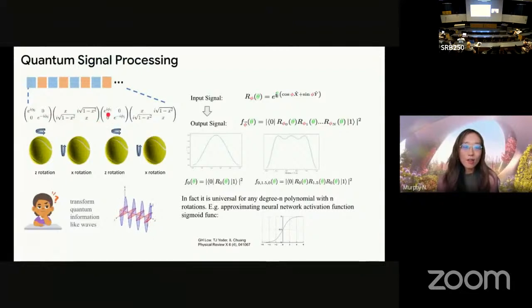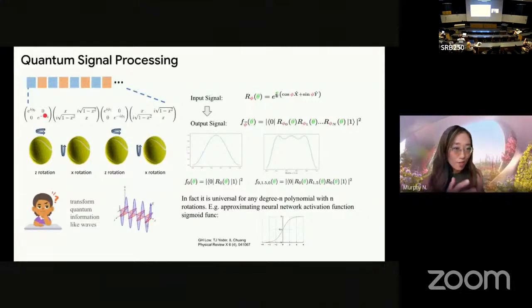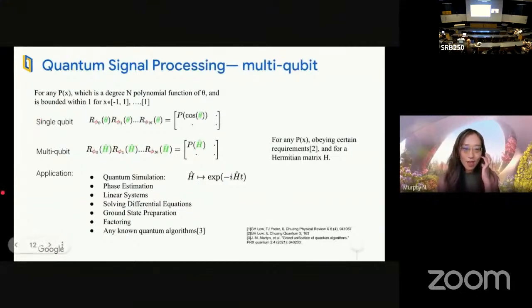Then the only parameters that we're changing to program the transformation are the Z rotations. So in that sense, it's almost like an electromagnetic field where we're programming the electric field with a fixed magnetic field to transform quantum information. And of course, this analogy is only on the intuitive level, not on a very rigorous level.